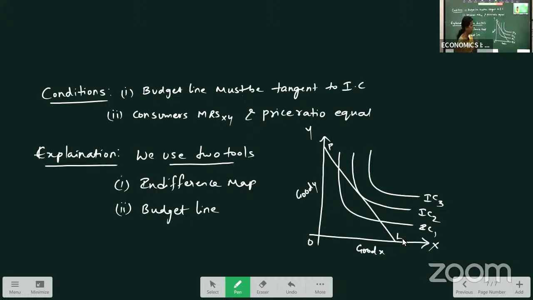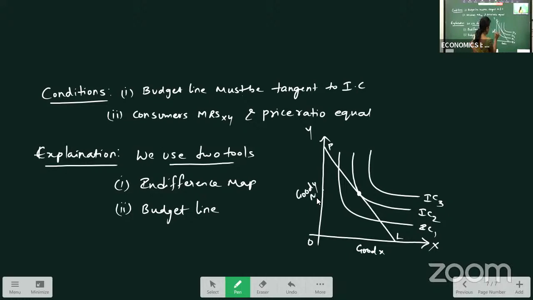Tangent means what? Touching at its minimum point. Okay. Now, if you see in the graph, my budget line is touching both IC1 and IC2. But on IC1, it is touching at 2 points. So this condition is not satisfied. Now on IC2, it is touching at its minimum point. So it is tangent.